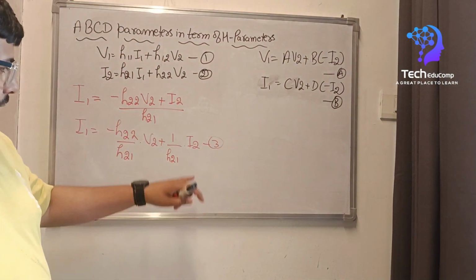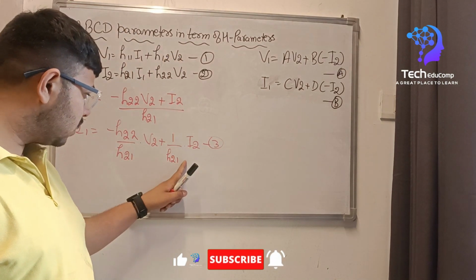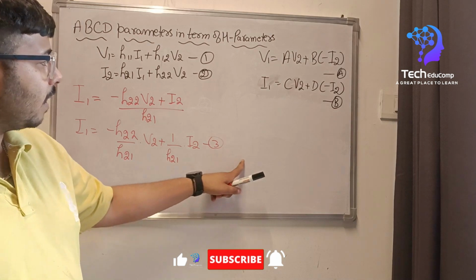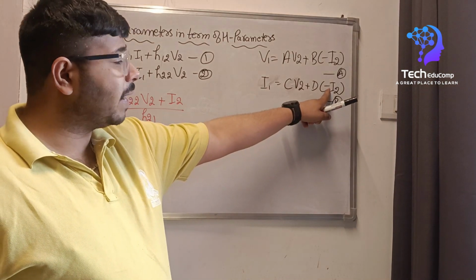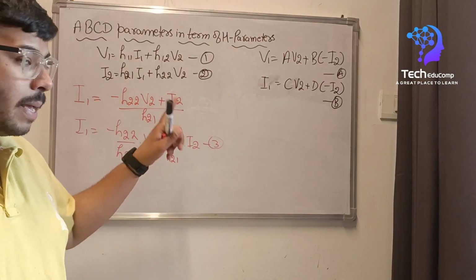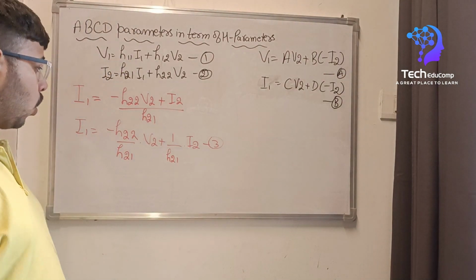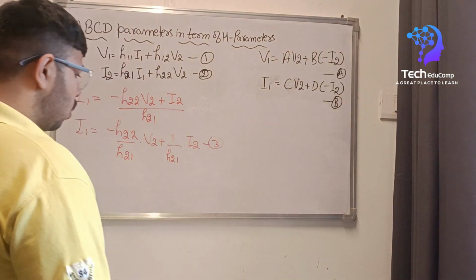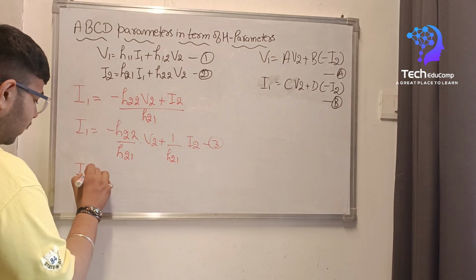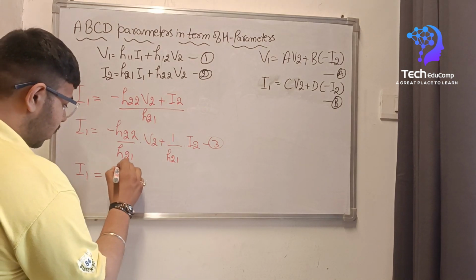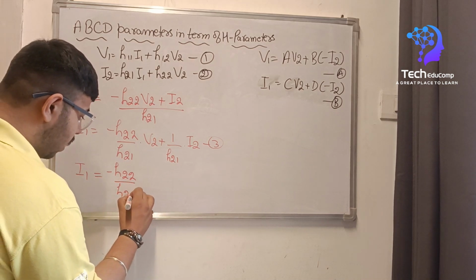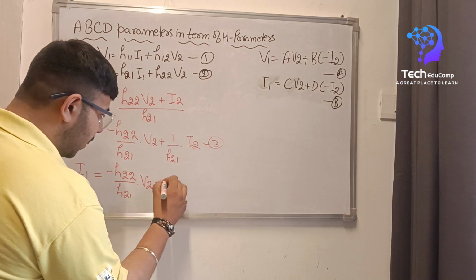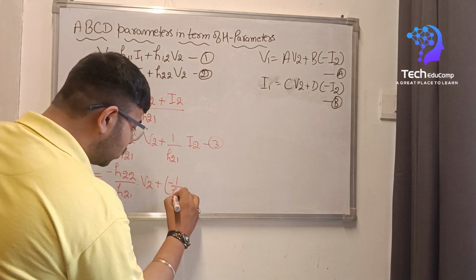But again, when I compare this second term with equation B, here I have minus of I2, but here I have positive I2. So in order to make it negative I2, I1 will be equal to minus of H22 upon H21 into V2 plus bracket minus of H21, into minus I2.